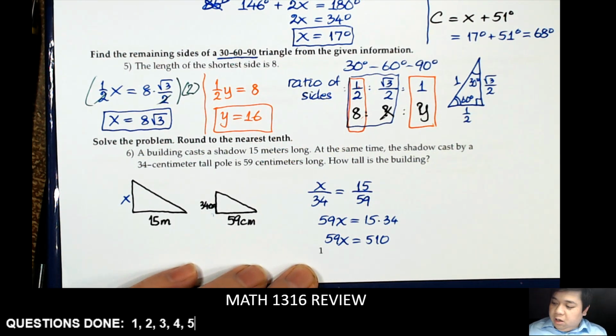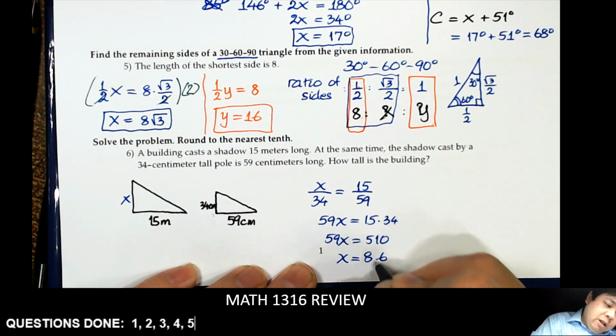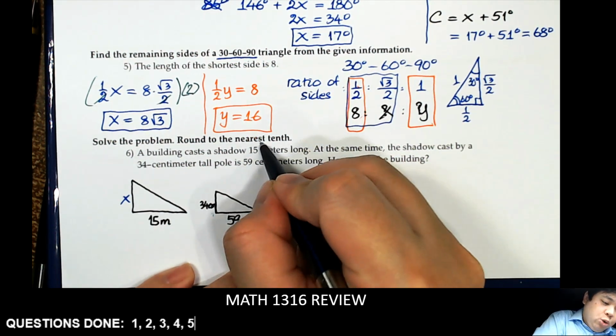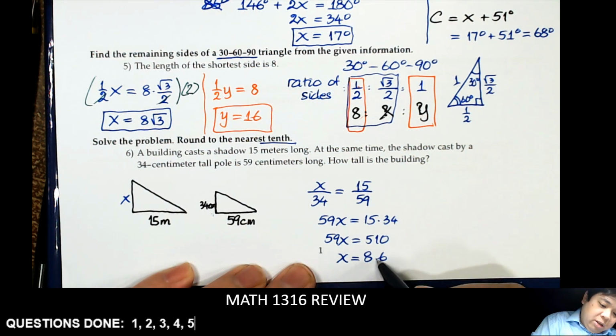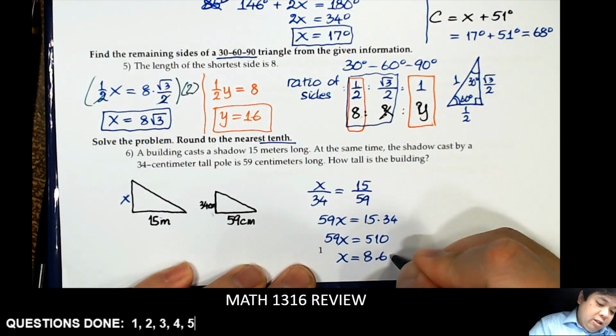Divide by 59 on both sides, we have about 8.6. They want to the nearest tenth, so we stop at 8.6, and the unit should be meter.